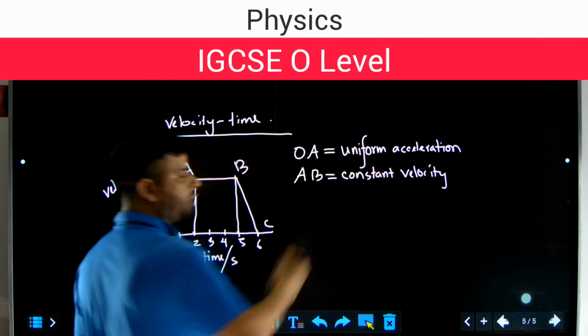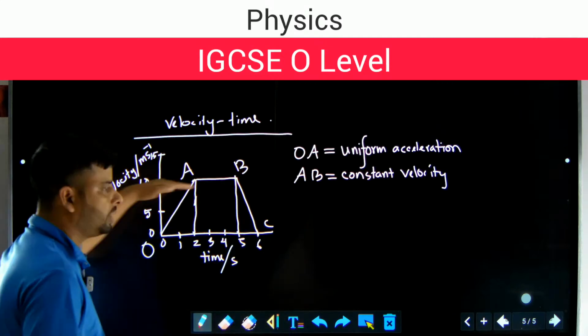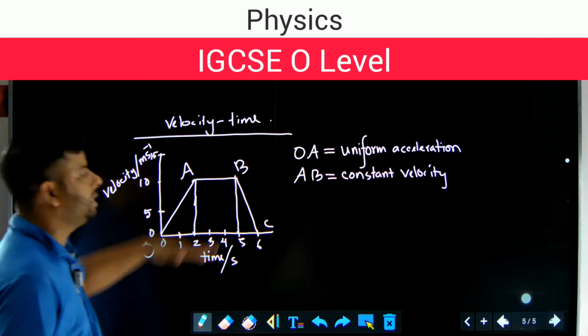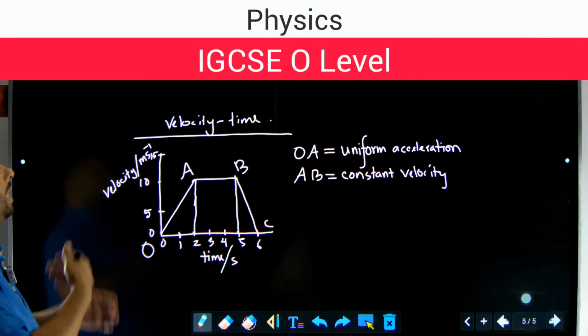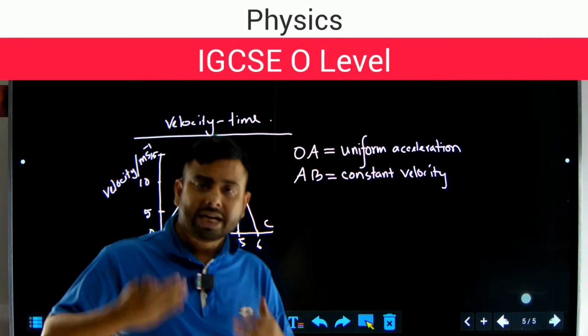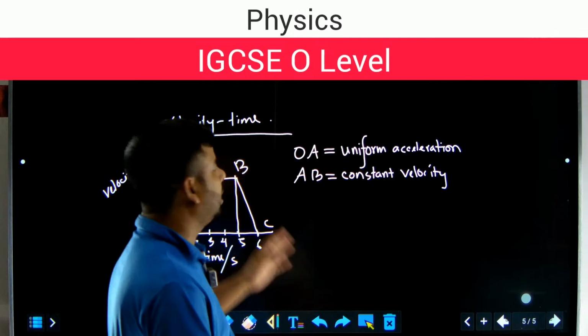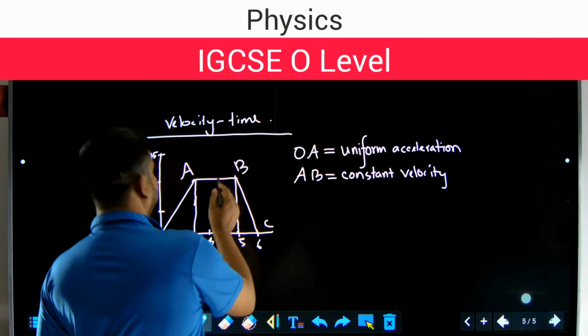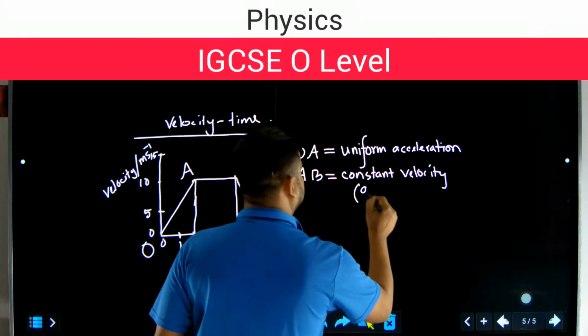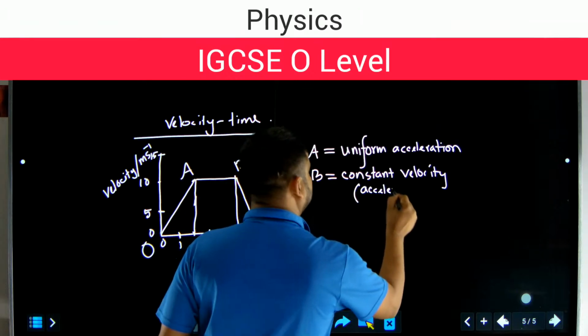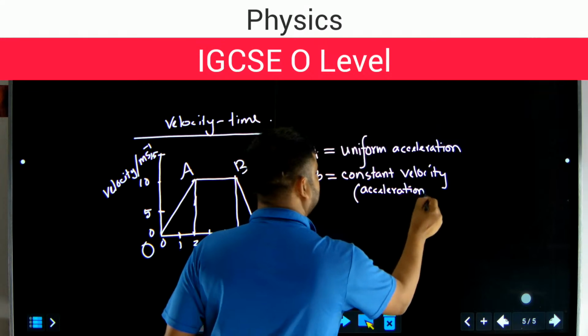Why constant velocity here? Because the gradient of the graph is 0. If the gradient is 0, then there is no acceleration. So here acceleration is 0.